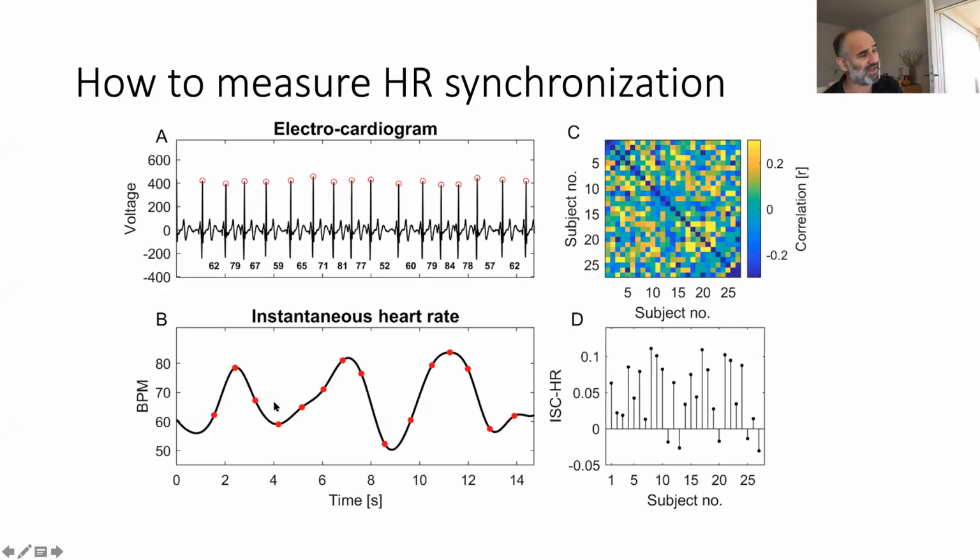Then we can interpolate the signal in between samples, and you get a continuous signal of instantaneous heart rate. Once you have that, it's straightforward to compute the Pearson correlation among subjects in the group, and that's the panel in C. What you see here is 27 subjects and the correlation among them, and the values are mostly in the positive domain, so the correlation tends to be biased towards positive values.